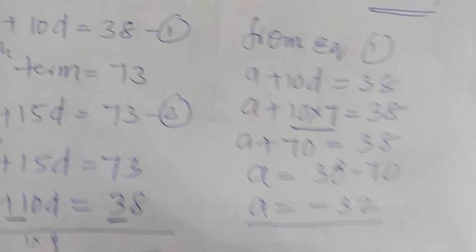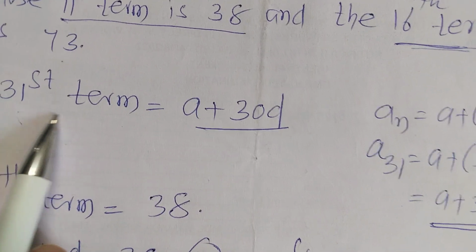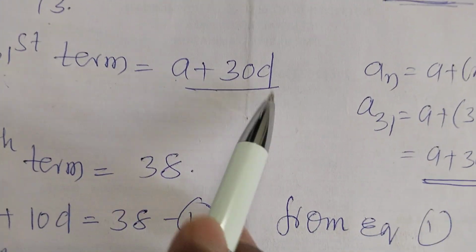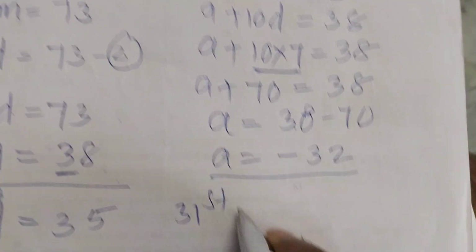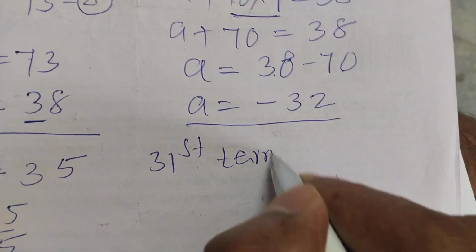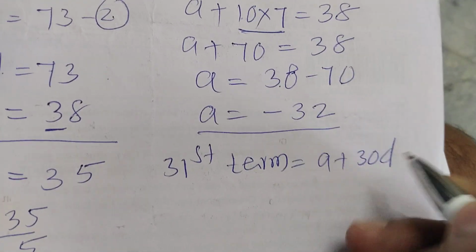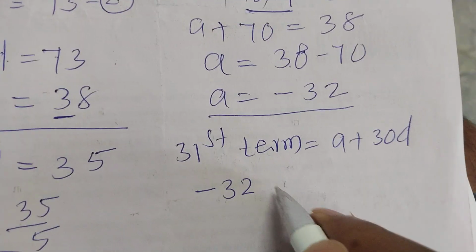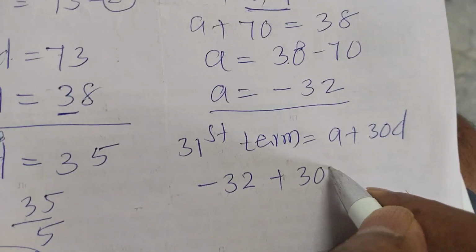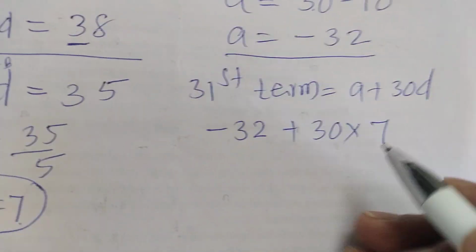Now we have to find the term. The 31st term we have to find. The 31st term is equal to A plus 30D. Then we have the A value, A is equal to minus 32, plus 30 into the D value. Here we have D equal to 7.